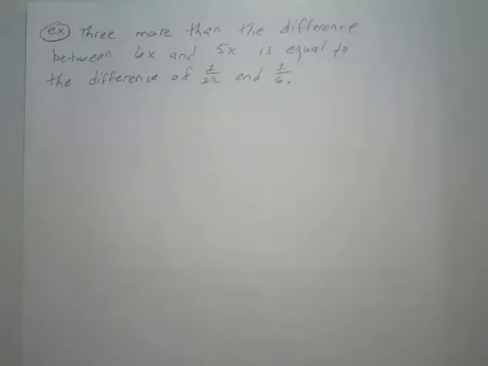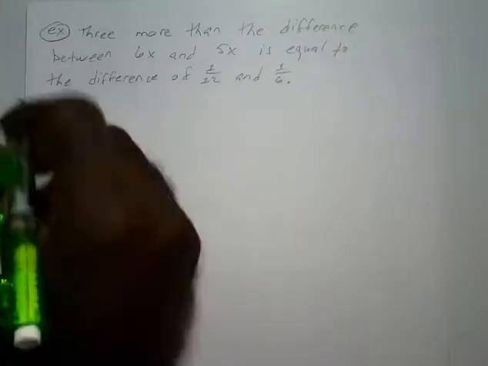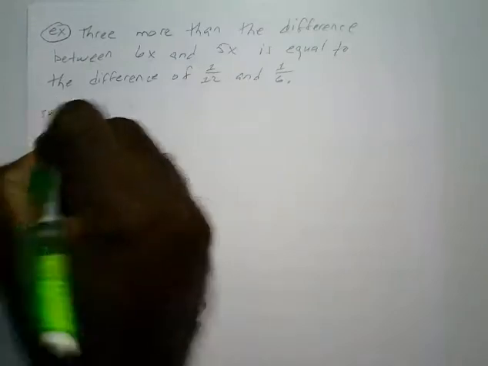This example says 3 more than the difference between 6x and 5x is equal to the difference of 1 over 12 and 1 over 6. We're going to get this one little by little.